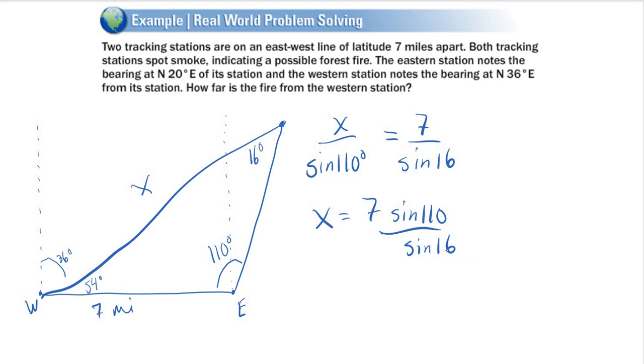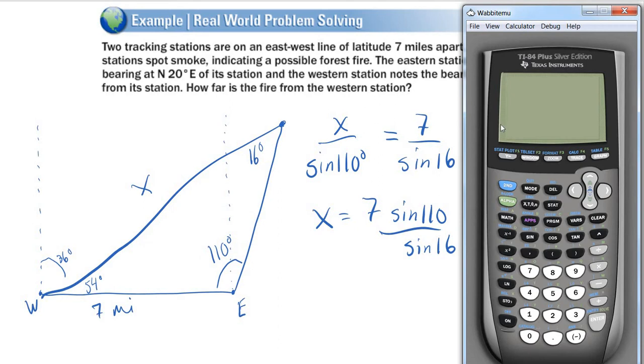Let me grab my calculator, put it up on the screen for you. So we've got 7 sine 110 divided by sine 16. And we get about, let's go one decimal place, 23.9 miles.